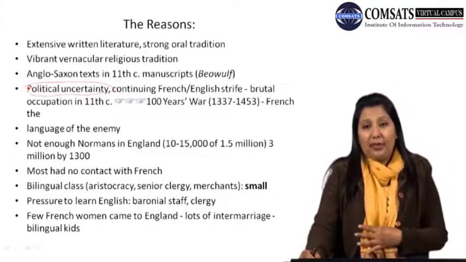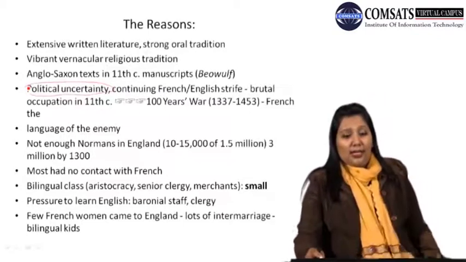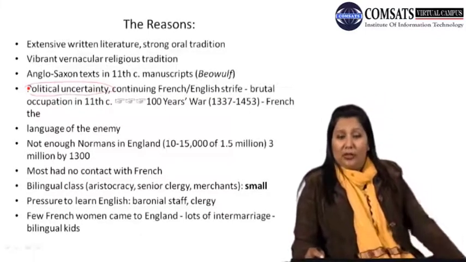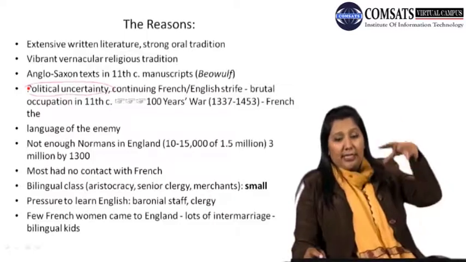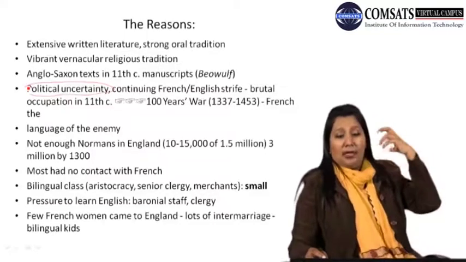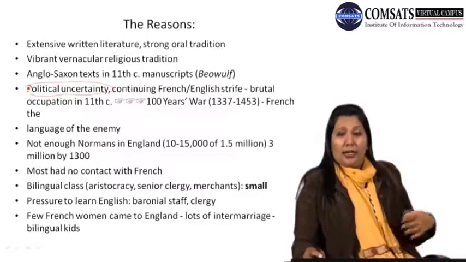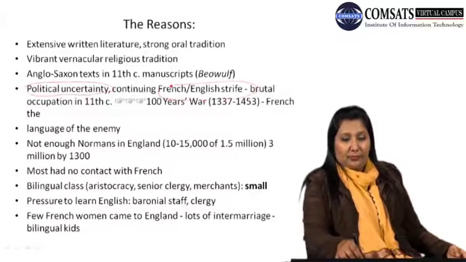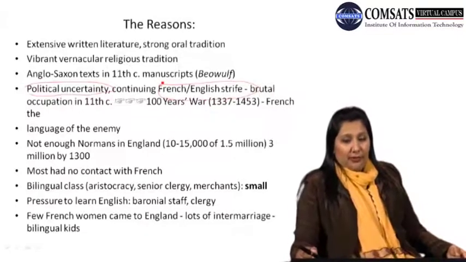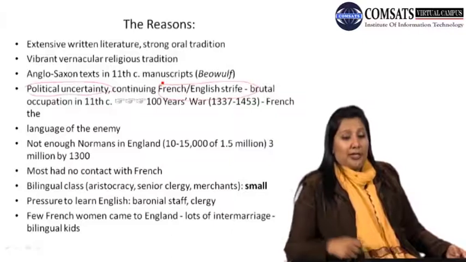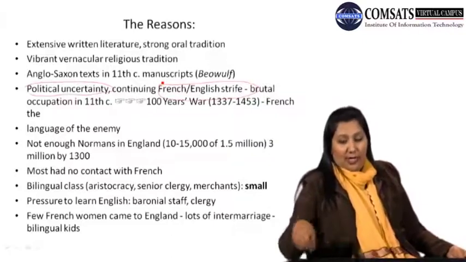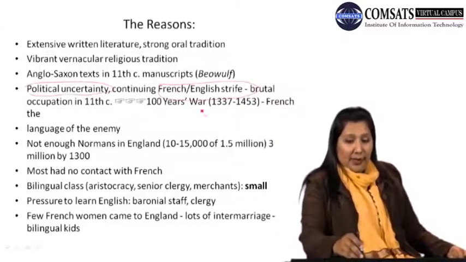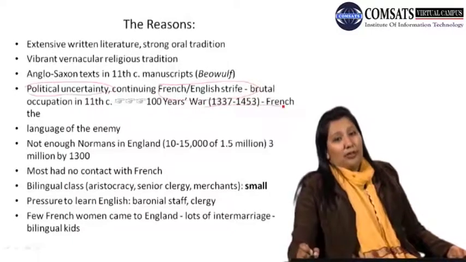Not only was there uncertainty on the level of kingship, but uncertainty also continued from the French and English strife. And there was a brutal occupation in the 11th century. A very, very brutal thing had happened, the 100 Years' War.